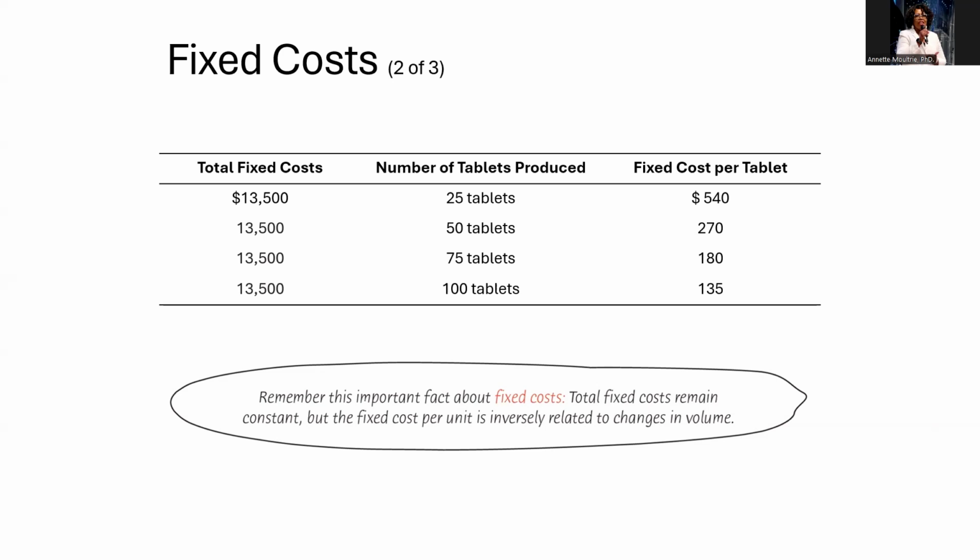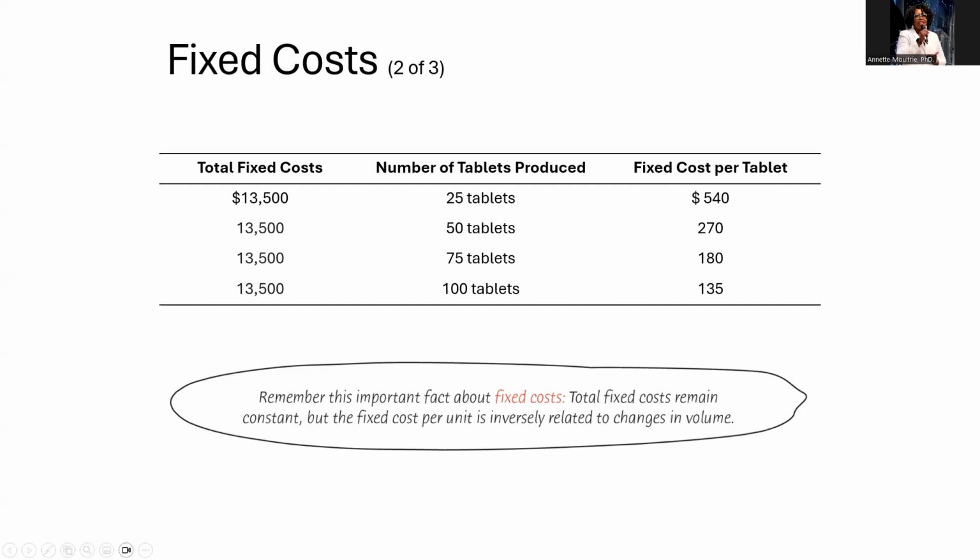For example, if Smart Touch Learning produces 25 tablets, the fixed cost per tablet is what? $540. Okay? So that's $13,500 total fixed cost divided by 25 tablets. That's how you get your 540.